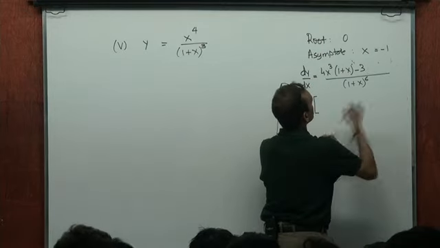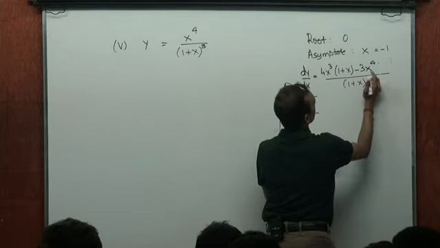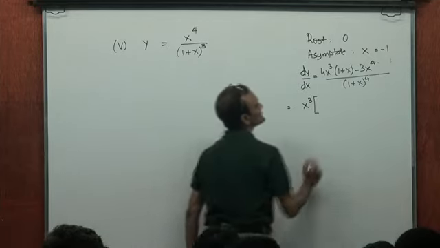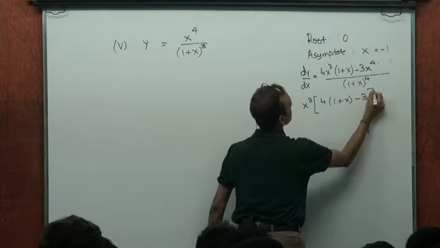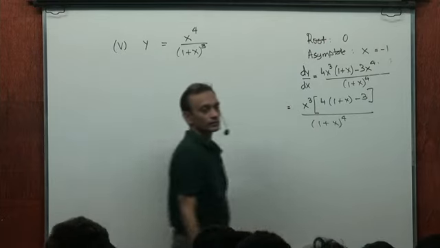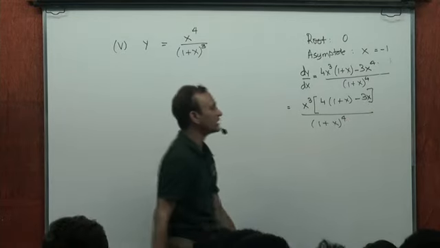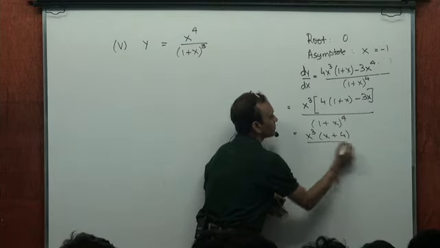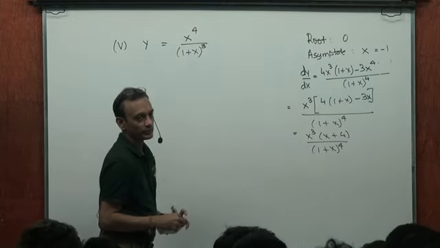So this will become x cubed into 4 into (1 plus x) minus 3x, divided by (1 plus x) to the power 4, which is like x cubed into (x plus 4) divided by (1 plus x) to the power 4, right?